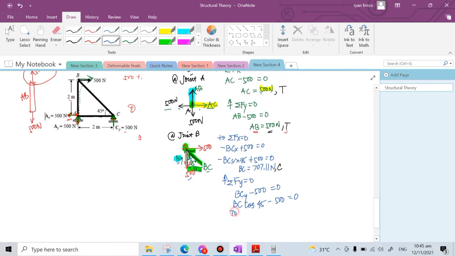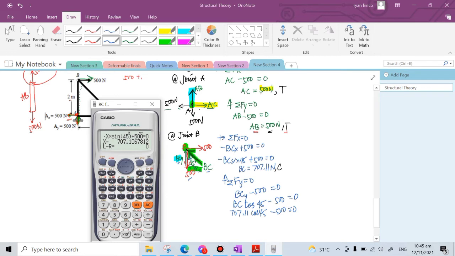So, substitute natin. 707.11 cosine 45 minus 500 is equal to 0. I-check natin kung 0 nga ba talaga siya.